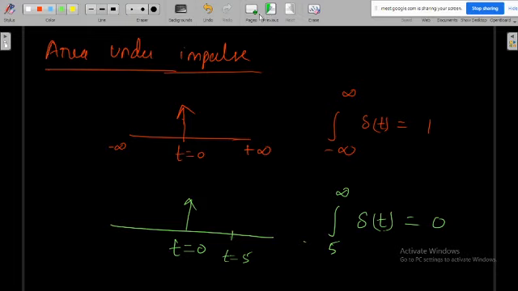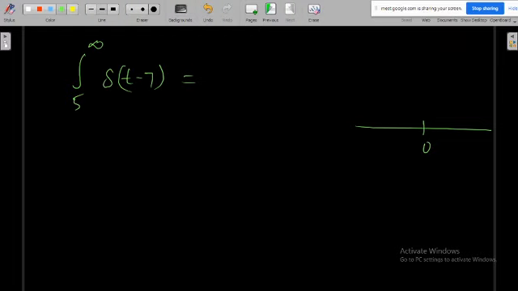Or otherwise, suppose the situation is like this: integral from 5 to infinity of δ(t minus 7). What is the answer for this one? δ(t minus 7) means it is not the impulse at t equal to 0, but the impulse at t equal to 7.